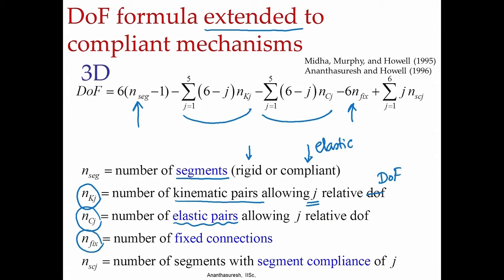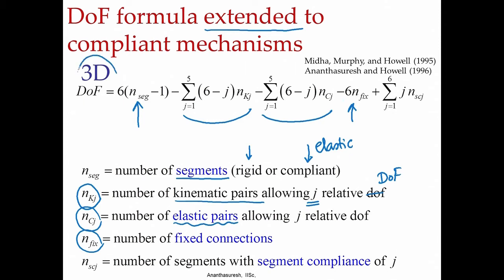N fix is the number of fixed connections. You may wonder why we need to include, but then there will be cases in compliant mechanisms where the elastic segment is attached like a cantilever connection to a rigid one, or two elastic segments can be connected to each other using this fixed connection. The fixed connection is one that does not allow any relative degrees of freedom between the two bodies or two segments in this case, and each such thing will remove 6 degrees of freedom.